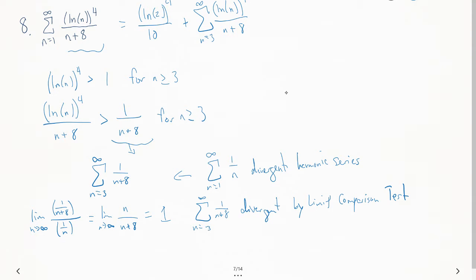And now on top of that, since we have that piece is divergent, the sum n equals 1 to infinity, notice we added the n equals 3 is just added terms on there, of natural log of n raised to the 4th all over n plus 8 is divergent by the comparison test.